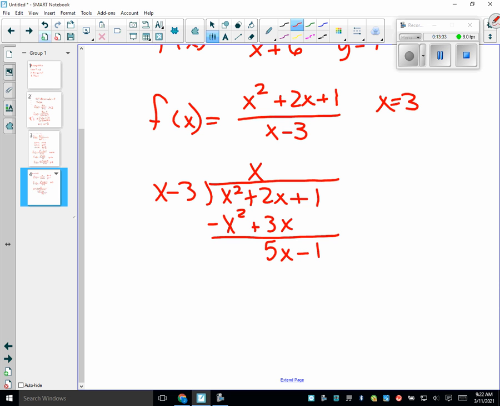Plus 5. 5x minus 15, change the signs and add. And I couldn't care less what the remainder is. The slant is y equals x plus 5. That's the slant.